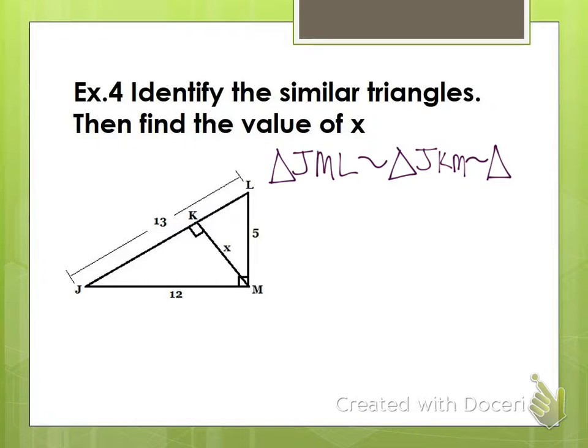All right, naming our last one. Which angle are we going to start with? M, and then our right angle is K, and the last angle is L. Okay, if it helps you to label these with hypothetical degree measures, you can do that.